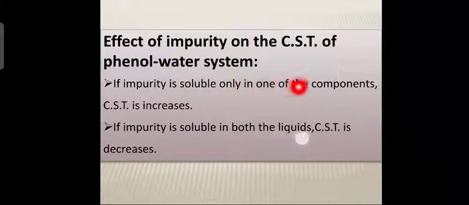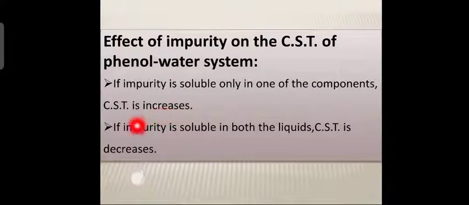If such an impurity is added, the critical solution temperature increases. Why does it increase? Because mutual solubility decreases. Mutual solubility decreases means you have to raise the temperature to get a single layer, or to increase the solubility you have to raise the temperature. Since the temperature increases, the critical solution temperature also increases.